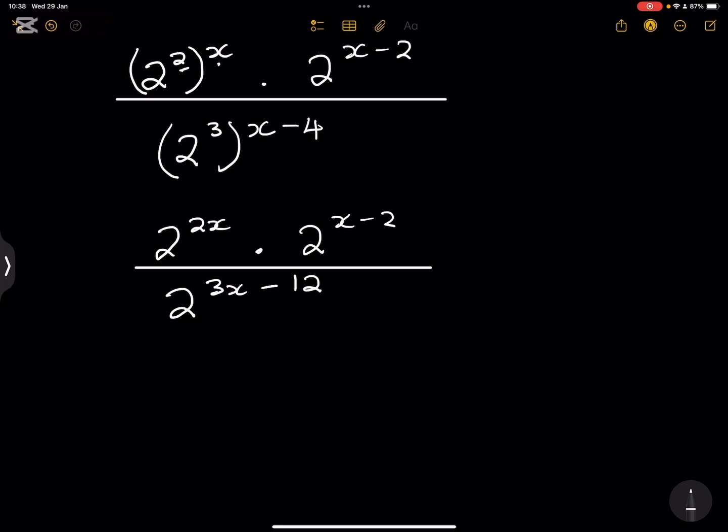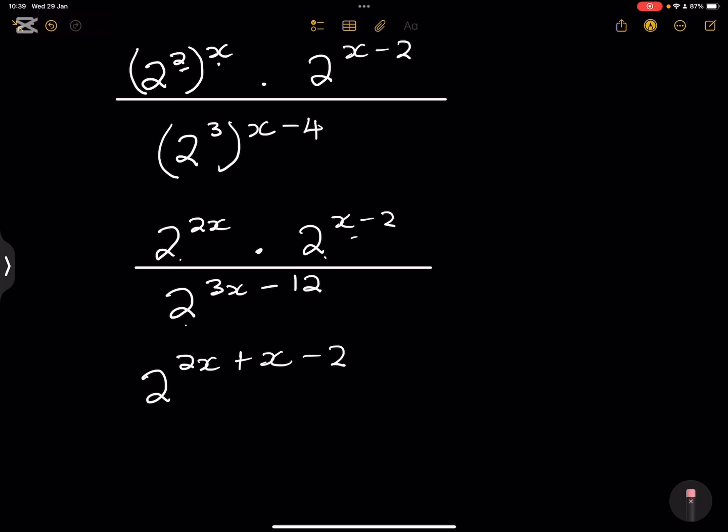All my bases are the same now, so I can apply the laws of exponents. This will be base 2, that's 2x. Remember, I am adding the exponents, so this is plus x minus 2. I'm multiplying, and dividing this one, I know that these will actually change sign.